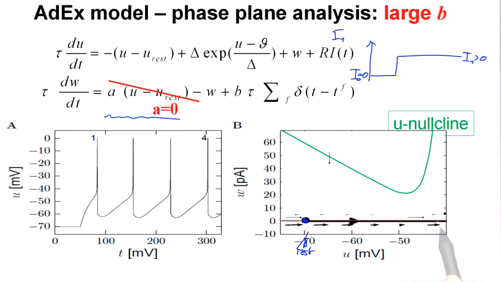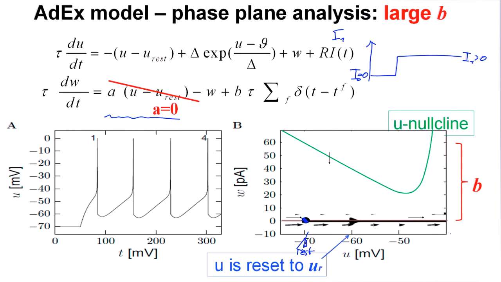It will follow the W null line until it hits the reset threshold about here. But then we know at the moment of reset, the W variable jumps by an amount B, while the voltage is reset to UR.